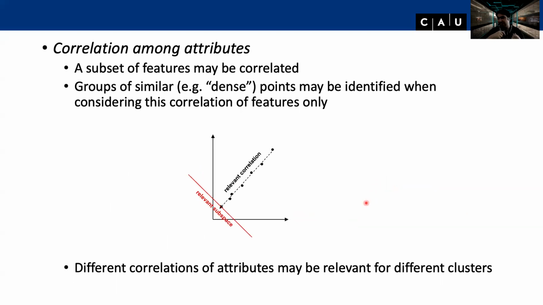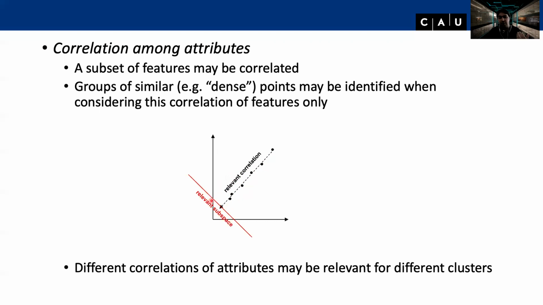It's not that we just say, look, there's a linear correlation and that's it. We have this one axis, as you see in this figure, where the objects are correlated, just like the green or the red cluster that we had on the previous slide. So this axis here, where we see a high variance, is denoted as the so-called relevant correlation or correlation subspace.